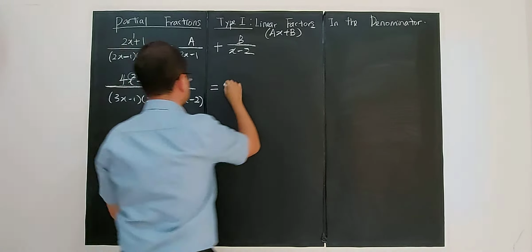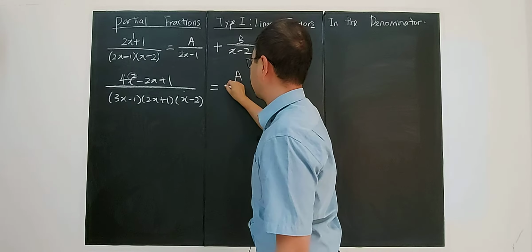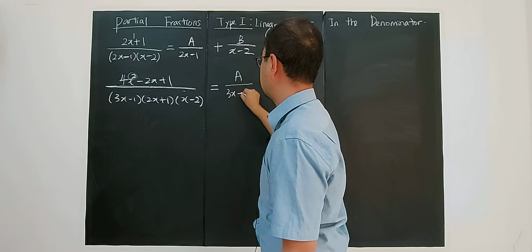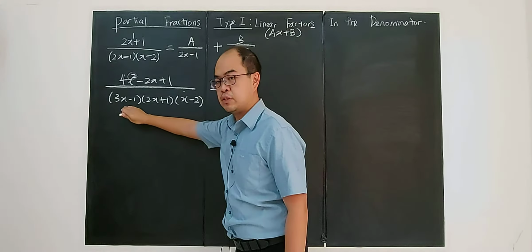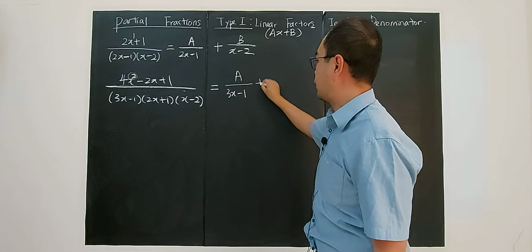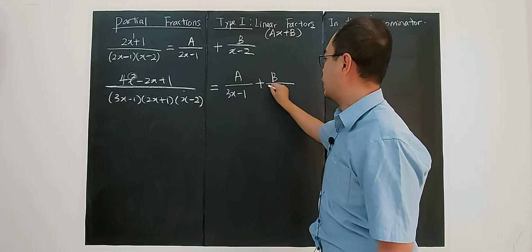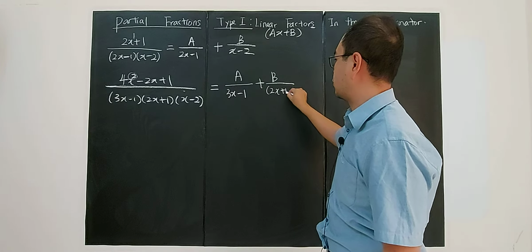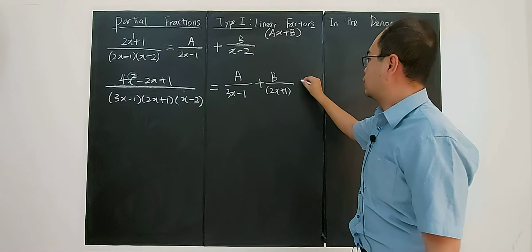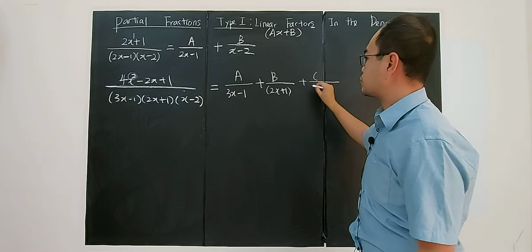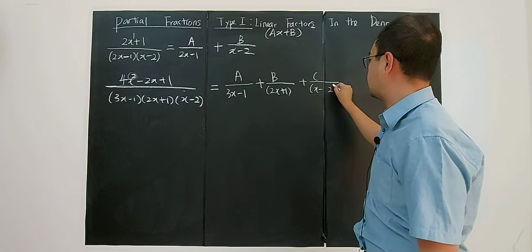If this is proper, then you have 3 linear factors, and you can decompose this into 3 fractions. So a over the first factor, the second one b divided by 2x plus 1, followed by c over x minus 2.